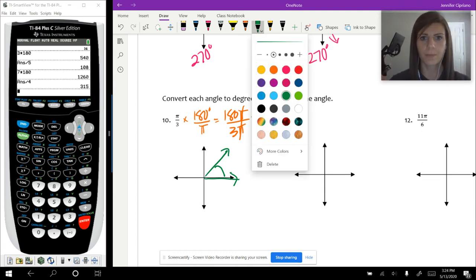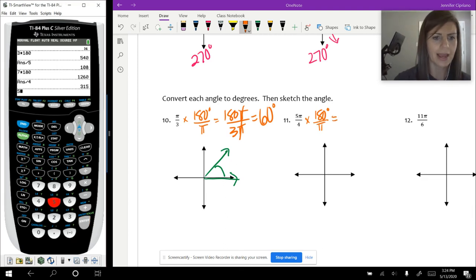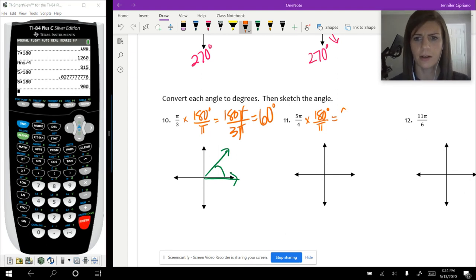5 pi over 4. So if we convert this to degrees, we would multiply by 180 over pi. 5 times 180 is 900. So I would have 900 pi divided by 4 pi, which is 225 degrees.